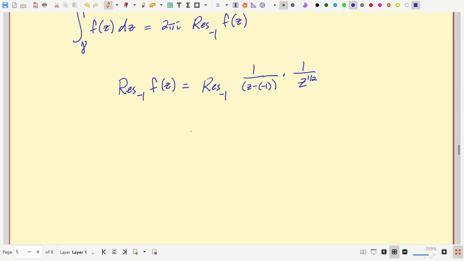Anyway, that residue is going to be 1 over minus 1 to the 1/2. And you have to think about what branch you're using there.